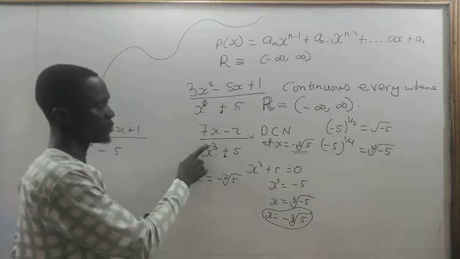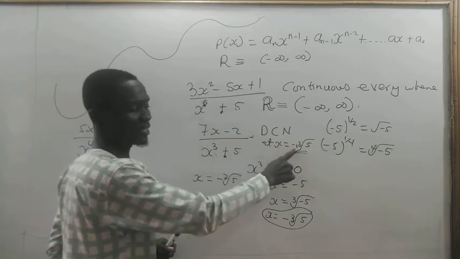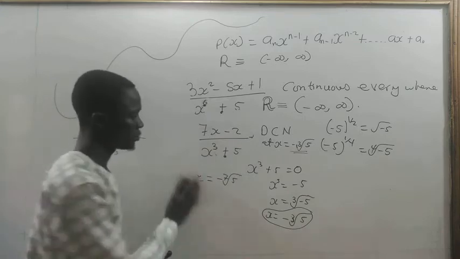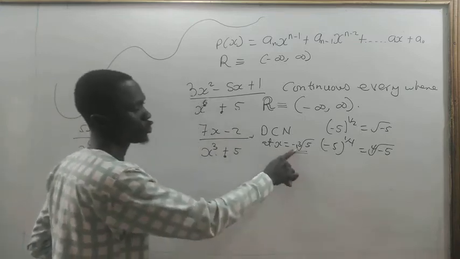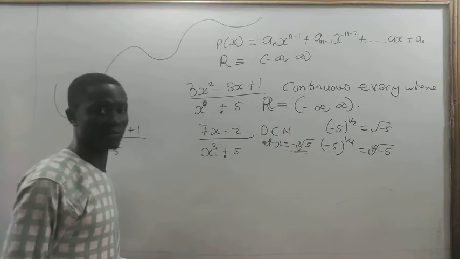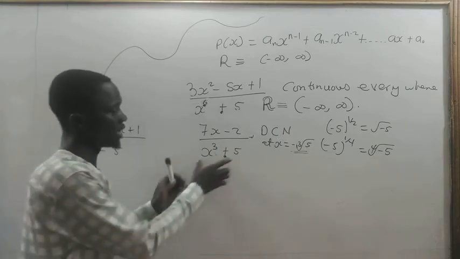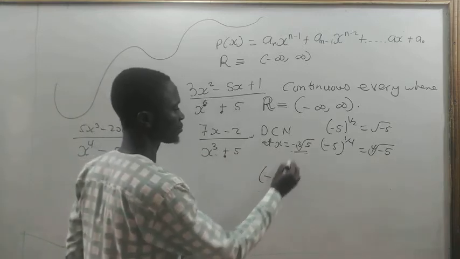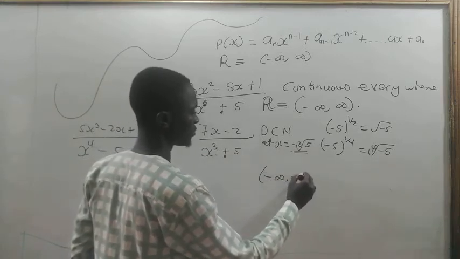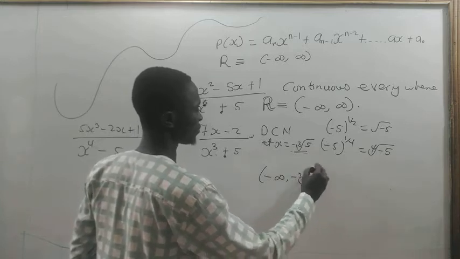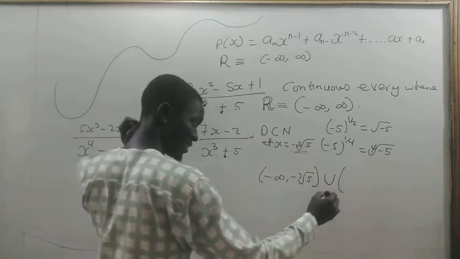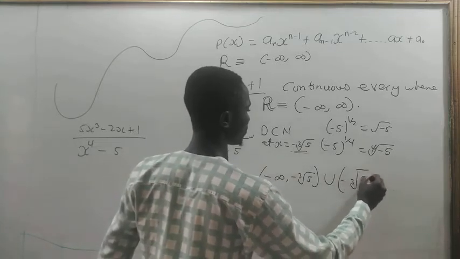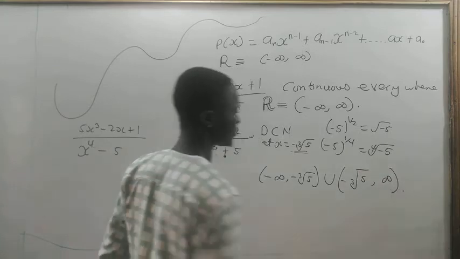When I made here x cubed, I said that the function is discontinuous at this point. It means that any value of x apart from x equal to minus cube root of 5 will not make the denominator equal to 0. So we can write from negative infinity to negative cube root of 5, union negative cube root of 5 to positive infinity.